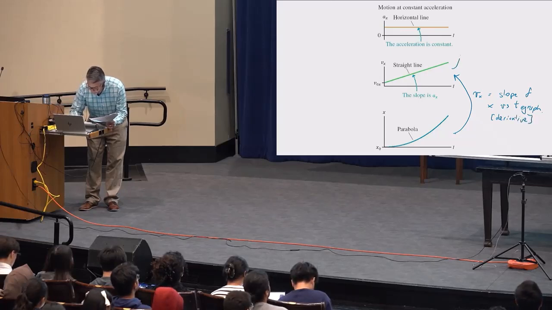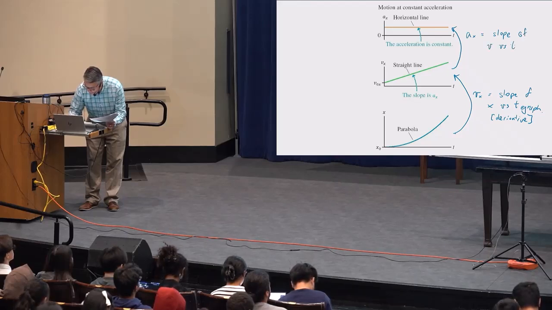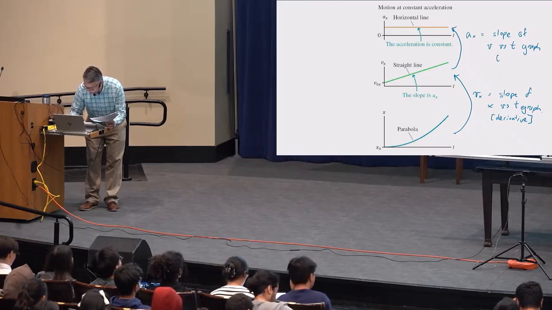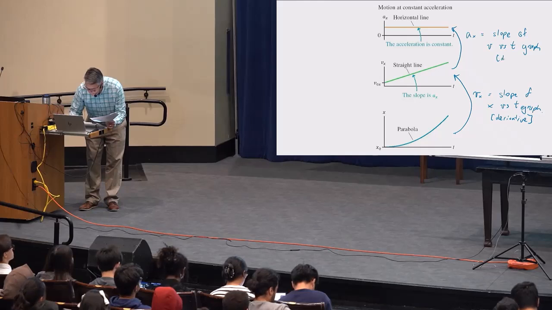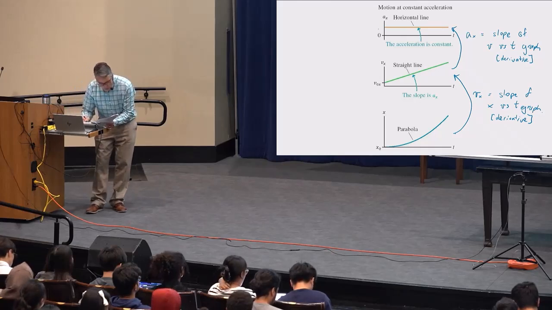And then a sub x is the slope of the v versus t graph. Again, it's the derivative. So the time derivative of position is velocity, and the time derivative of velocity is acceleration.